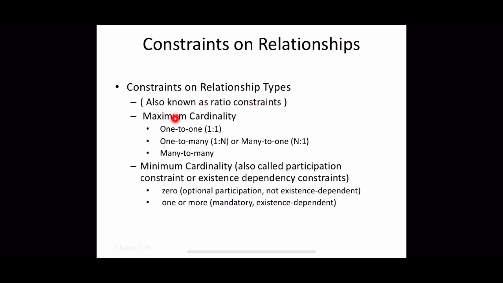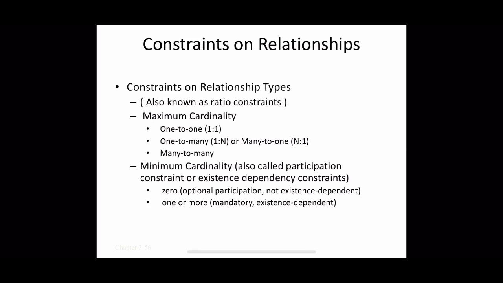First is maximum cardinality. Maximum cardinality specifies the maximum number of relationship instances that an entity can participate in. For example, cardinality can be one to one, one to many, or many to many. If you take the works for relationship from department to employee, the cardinality ratio is 1 to n, right?